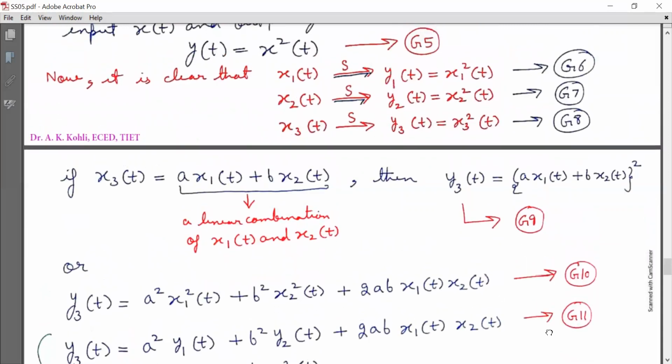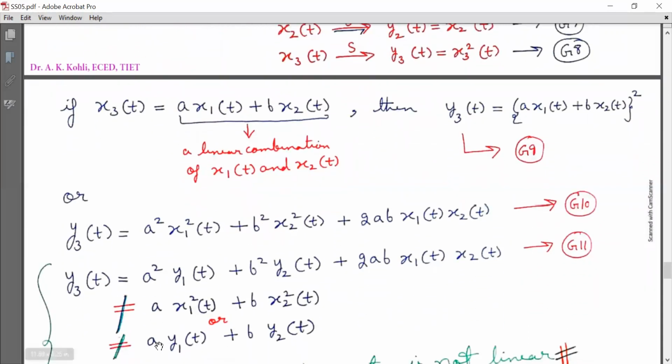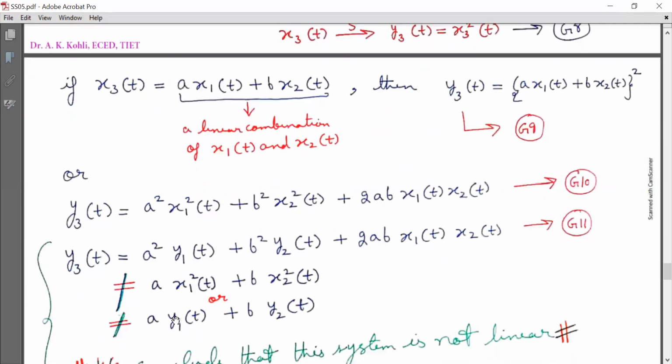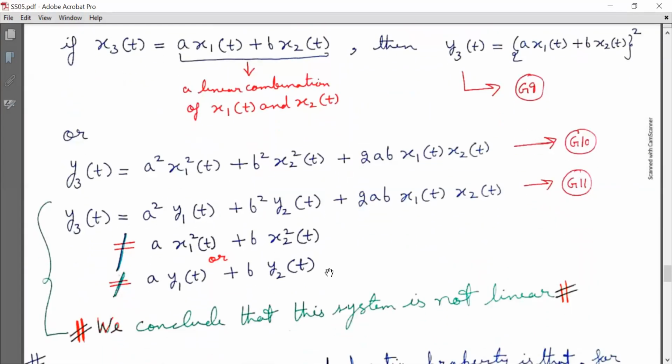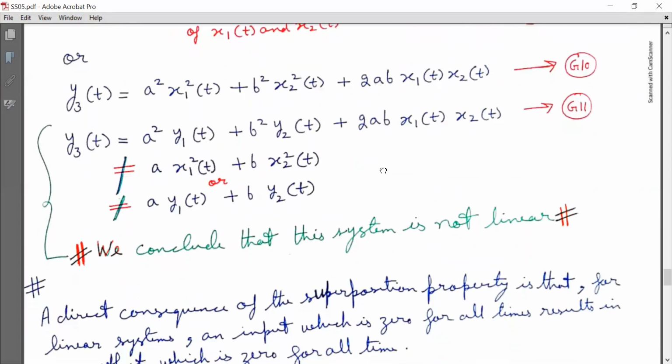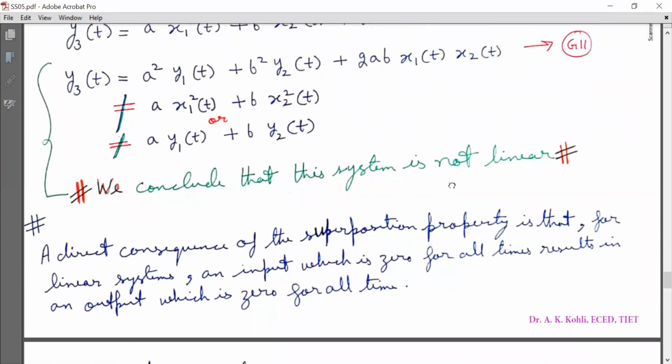Now you can very well imagine that it is not equal to a x1 square(t) plus b x2 square(t), or a y1(t) plus b y2(t). So that is why this system is not linear. We conclude that this system is not linear.